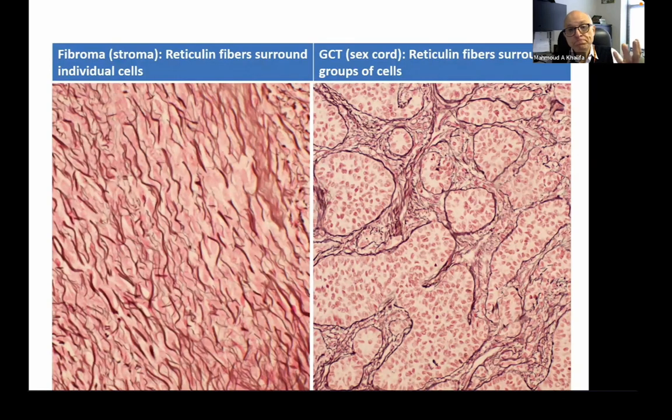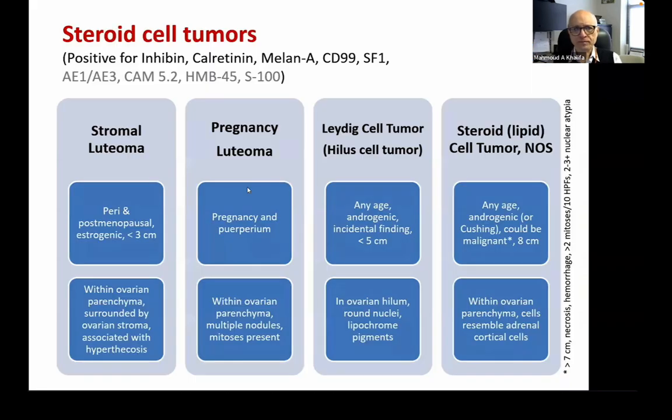So I hope your lab can do reticulin. Not every lab does reticulin, I know that. Some reticulin is terrible. But if you can perform reticulin, it will be helpful to distinguish between stromal tumors and sex cord tumors.